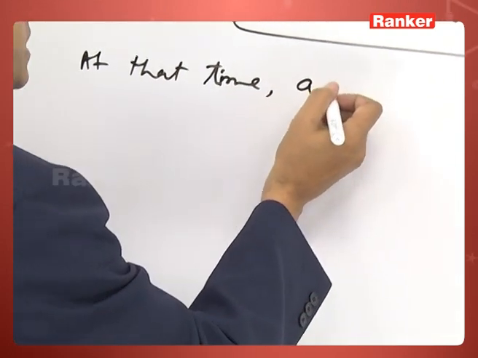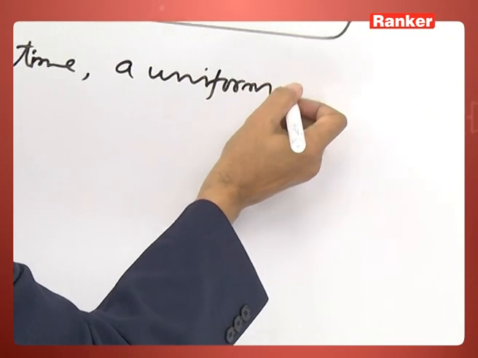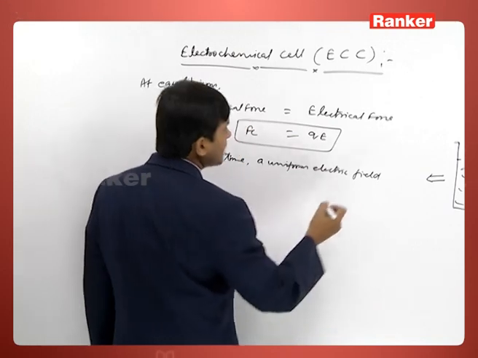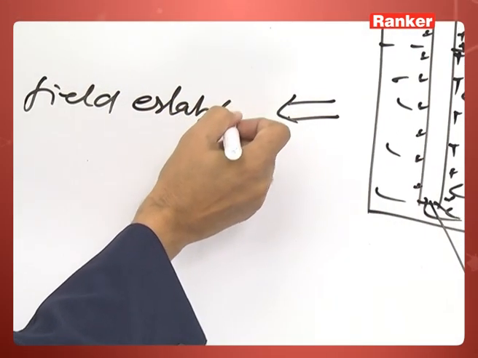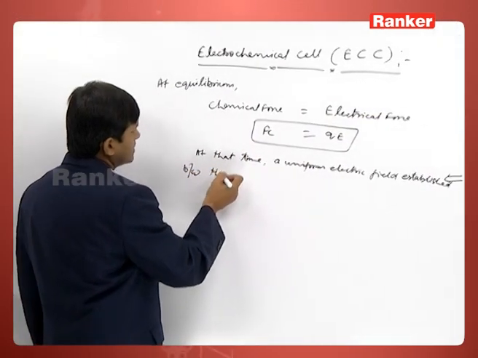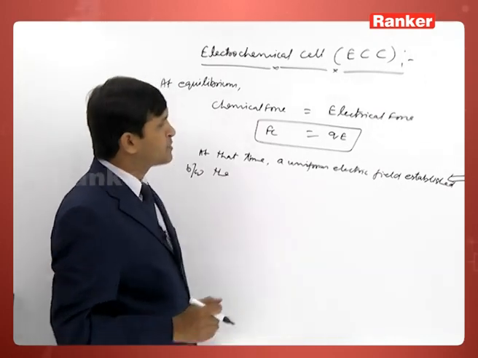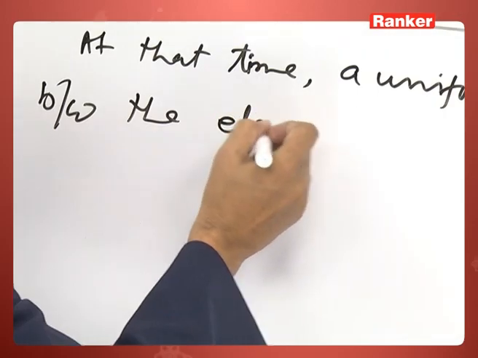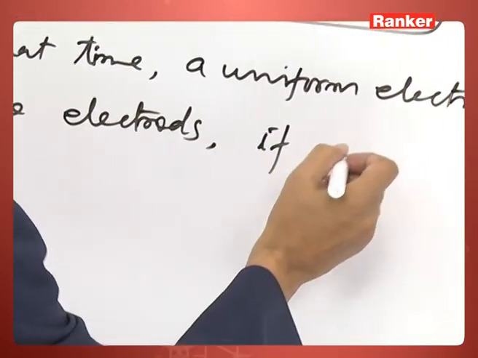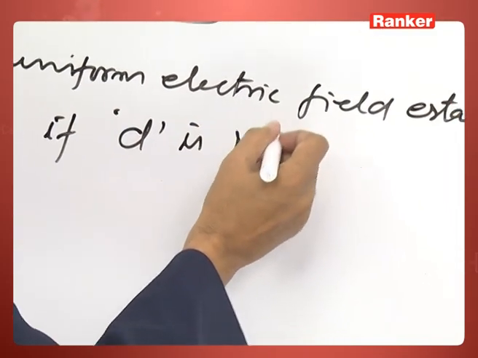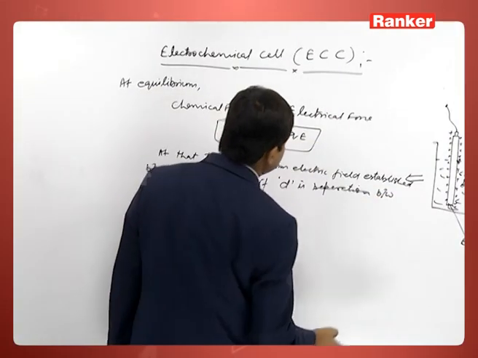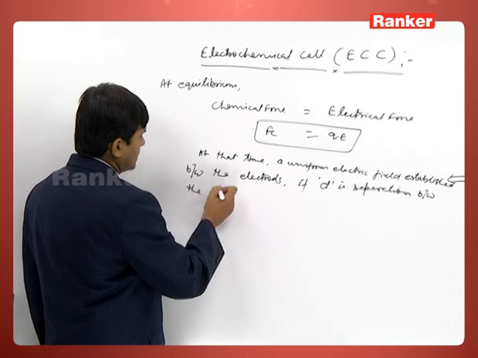At that time, a constant, uniform electric field is established between the electrodes.